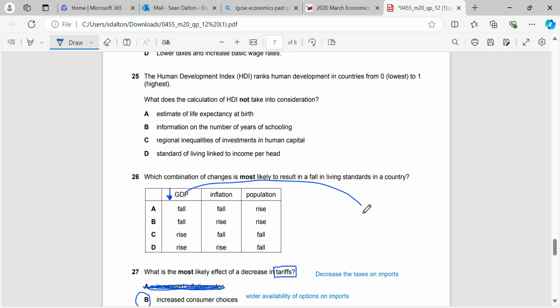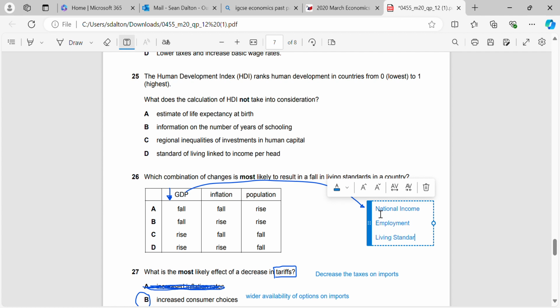Because GDP, like we've said on numerous occasions before, is linked to national income, employment, and living standards. When GDP goes down, national income goes down, employment goes down, and living standards also go down.